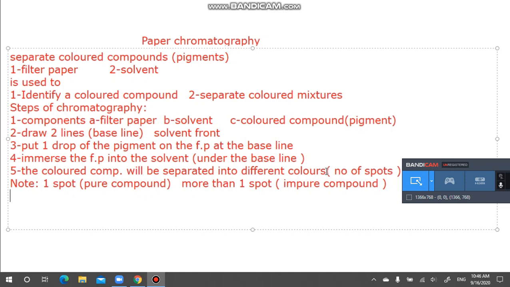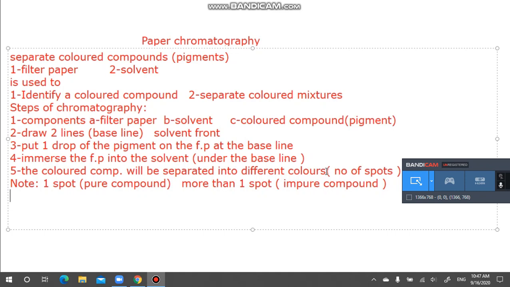So milk must give two spots only, one for water and the other for fats. What will happen if the milk gave 3 or 4 spots? This means that this milk contains impurities.